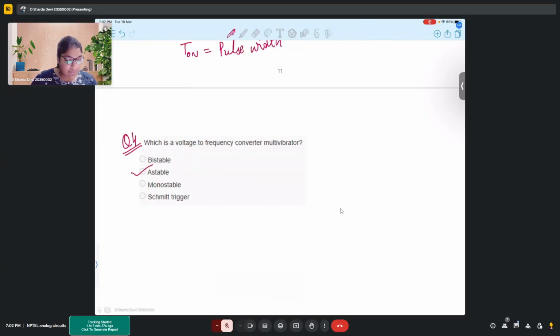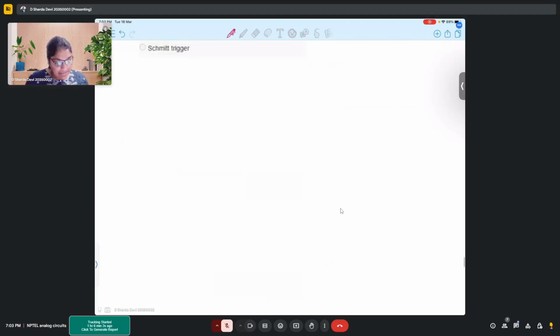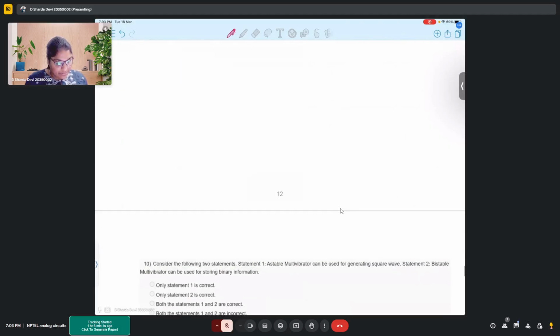Okay, so by using astable multivibrators, we can convert voltages into frequencies. Higher the voltage, higher will be the frequency, lower the voltage, lower the frequency. So that kind of relation you can obtain through astable multivibrator circuits. Okay. Now coming to next problem.